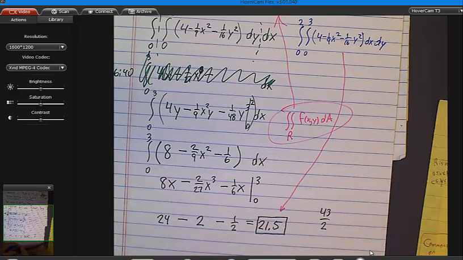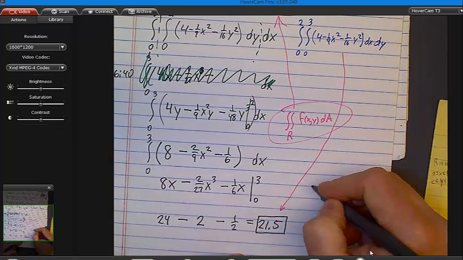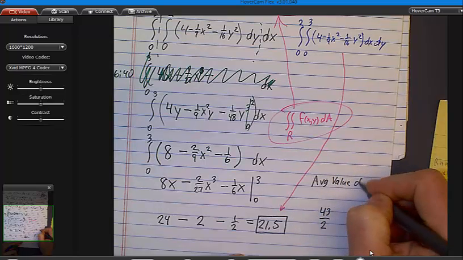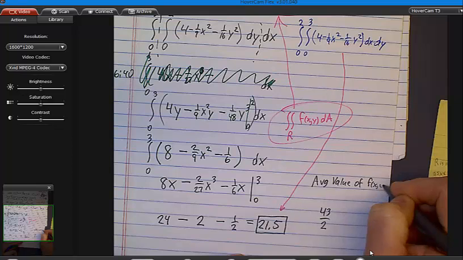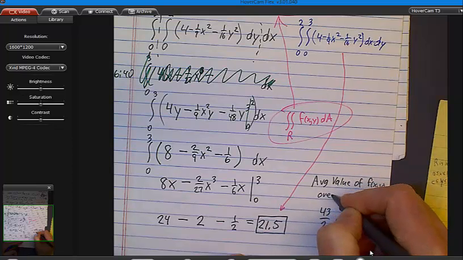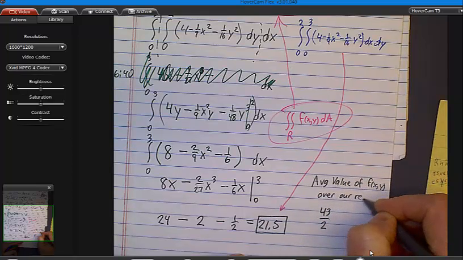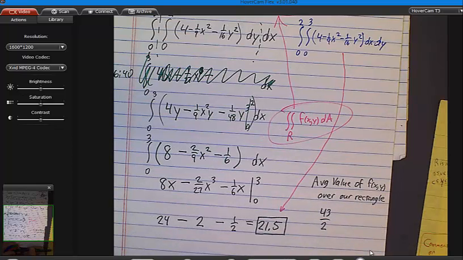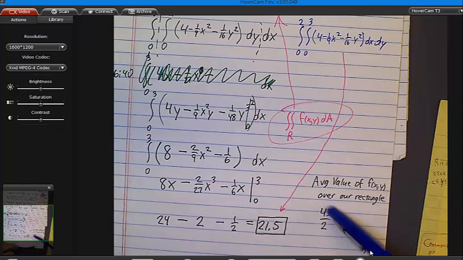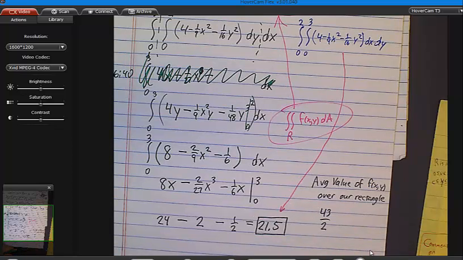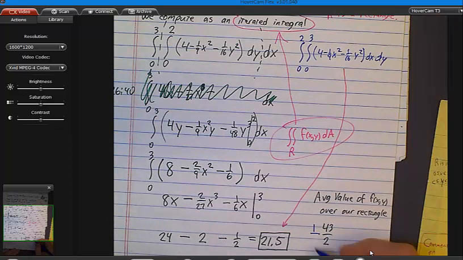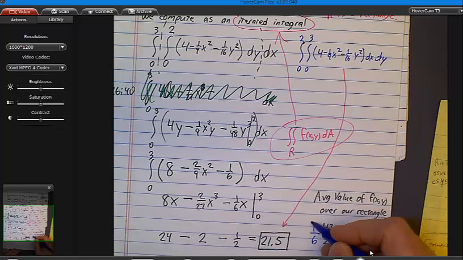So if I want the average value of my function f of xy over our rectangle, all I have to do is take that 43 halves, which we computed, and multiply by 1 over, what's the area of our region? 6, okay?